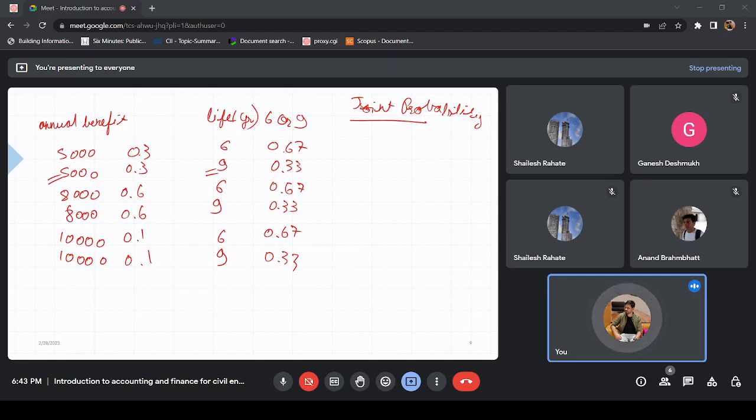Do you guys get my question? We are talking about joint probability because further on, as we move on to decision making, we will be talking in terms of this only. So first of all, do you guys know what joint probability is?